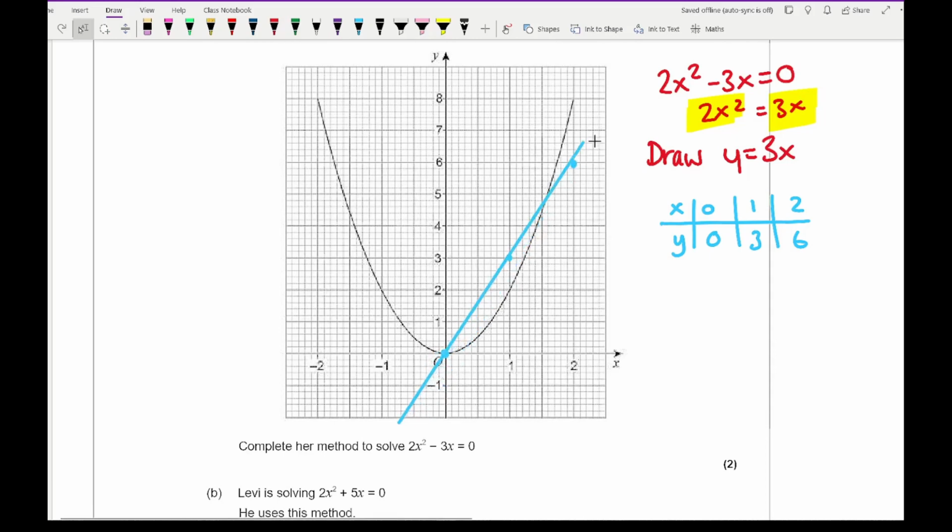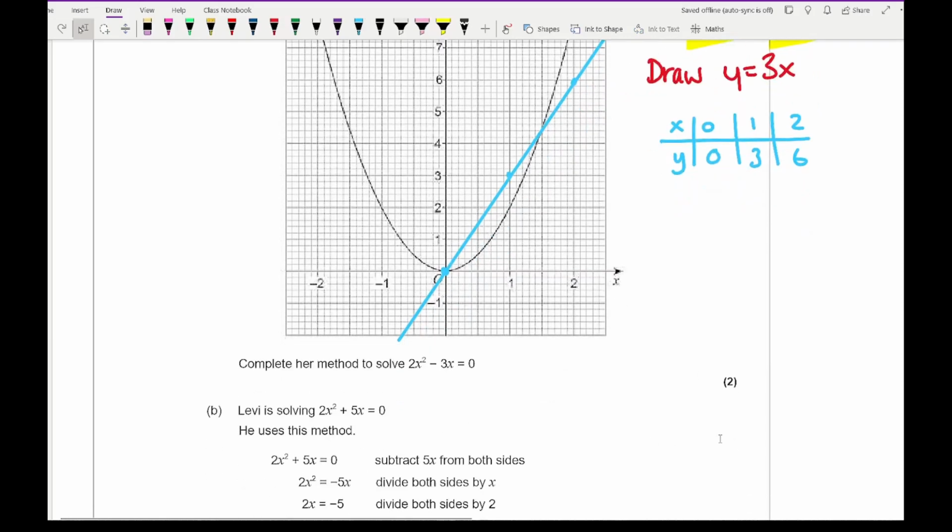And let me just make sure that it does. So there is the line of y equals 3x, and I think one of those is definitely out. It's up a little bit, and there we go. So that line there is y equals 3x.